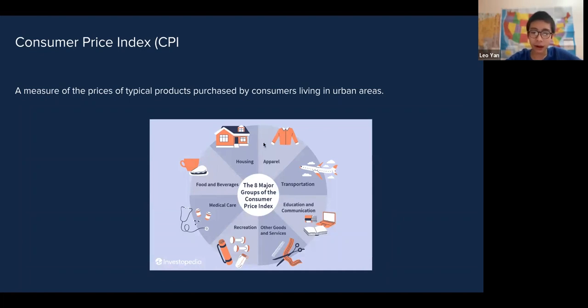It's housing, apparel, transportation, education, communication, other goods and services, recreation, medical care, food and beverages, and so on. It's basically anything that you would like to buy. And the economists basically take that, condense it within a certain index of how expensive on average it is to live inside that country compared to other countries.